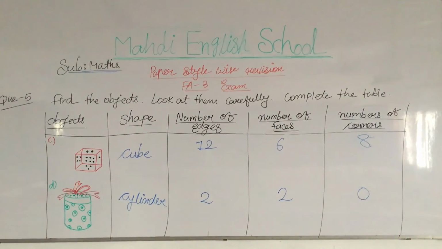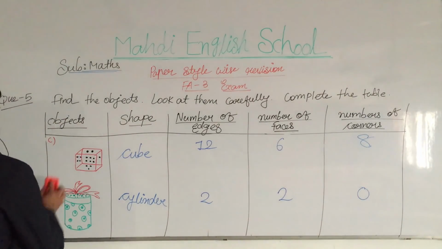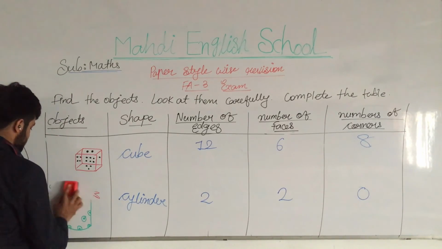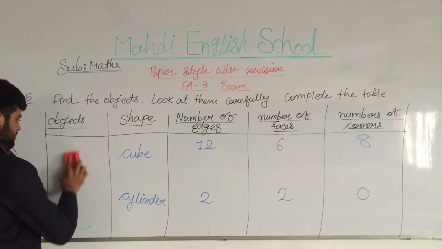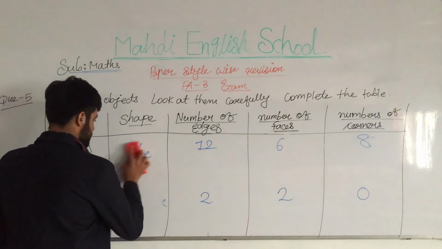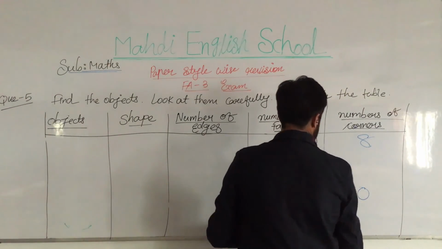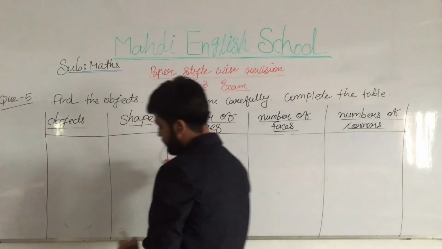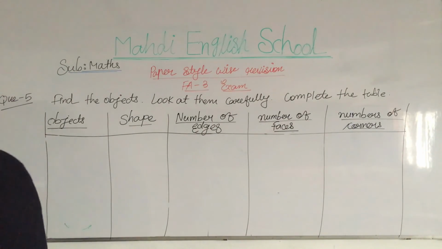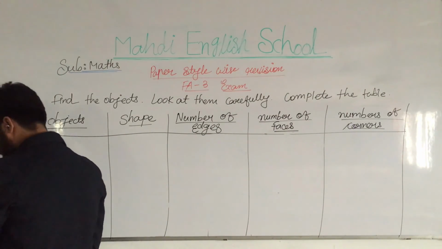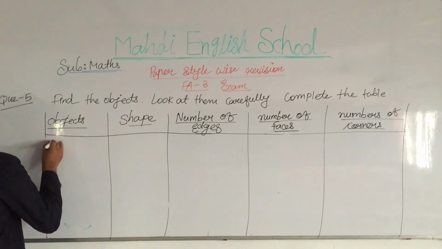Understood, my dear students, what I am telling you? So now let's move on further. Question number E. My dear students, now I am going to draw here question number E.